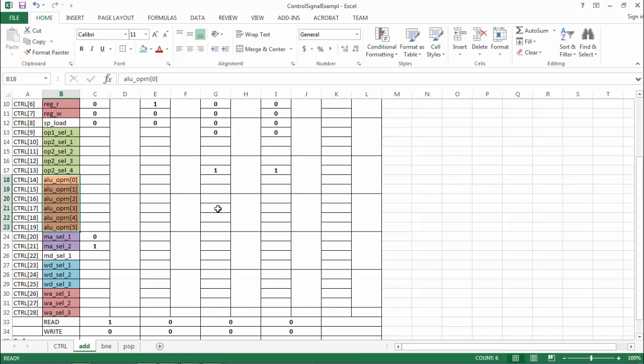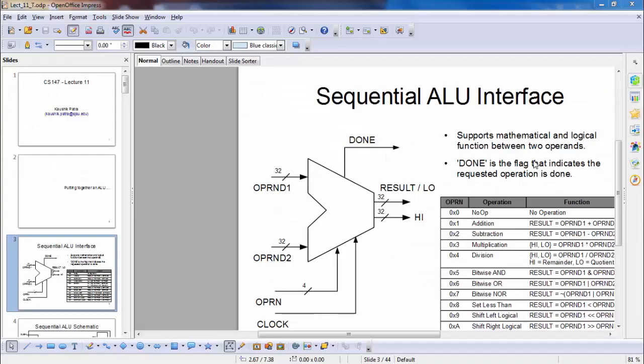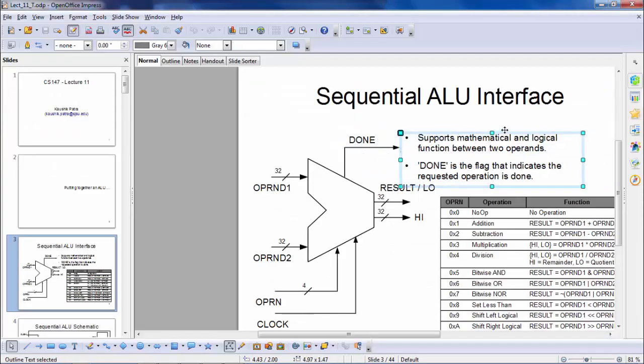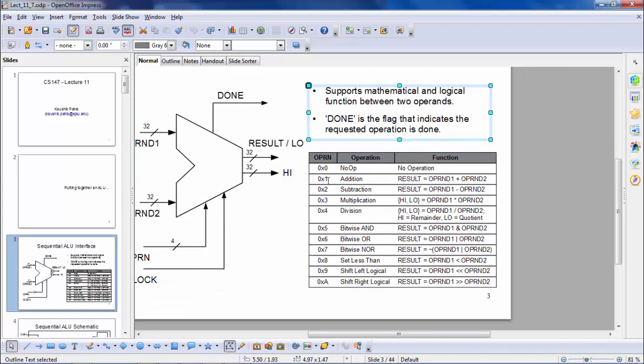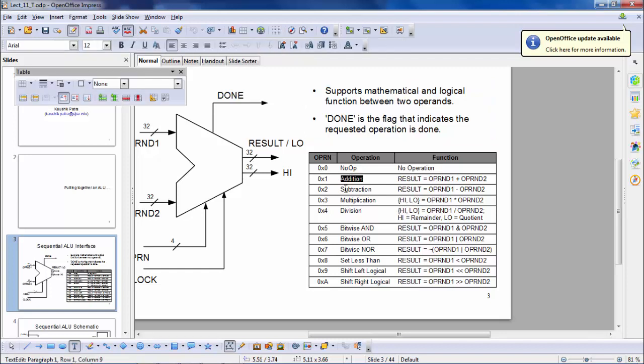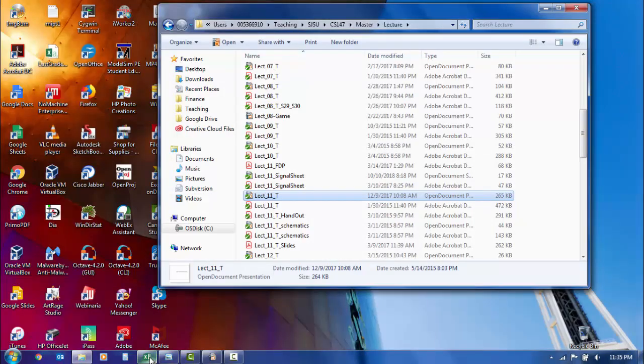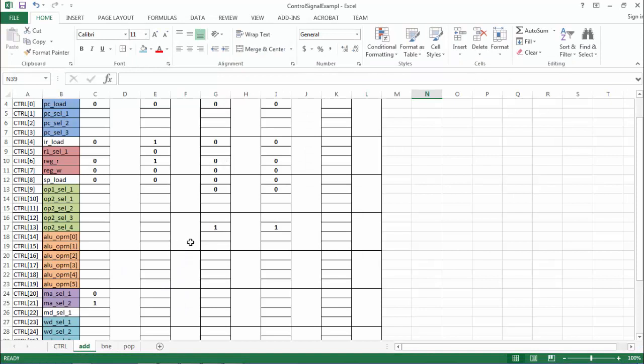So let's assume that code is like this. I'm not sure what the code is. Oh, why don't we just open that file and take a look. Okay, so this is the slide I was talking of, the ALU operation code, right? So for add, we are doing the add example, so my operation code is 01, right?